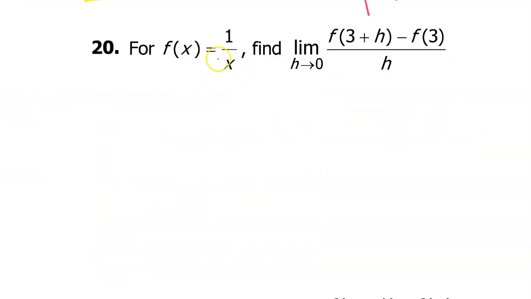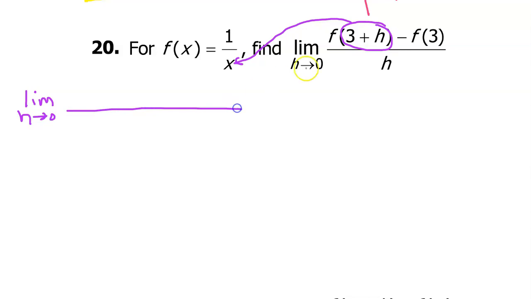Let's just do a couple more. So f of x is 1 over x. If I want to do f at 3 plus h, that means I need to take my 3 plus h and plug it in right there. So this limit is going to become the limit as h approaches 0 of f at 3 plus h.